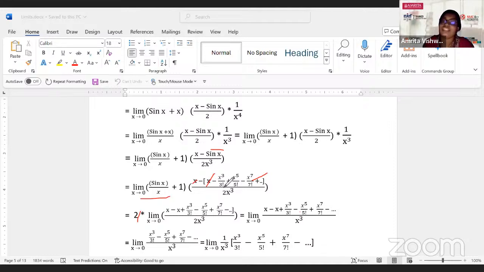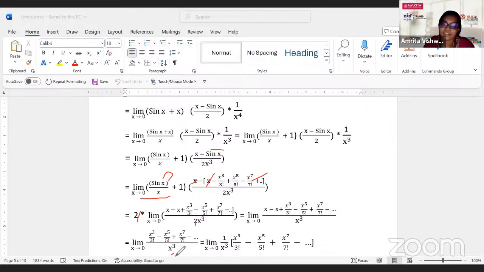And this becomes x cube by 3 factorial minus x raised to 5 by 5 factorial, because there is a minus term over here, plus x raised to 7 by 7 factorial, divided by 2x cube. This 2 and 2 also get cancelled. Now we have just simplified this equation.